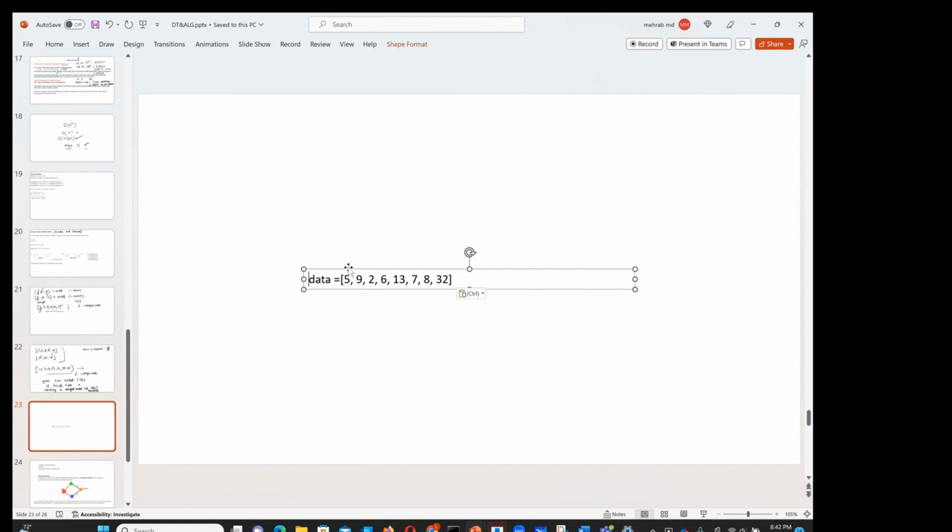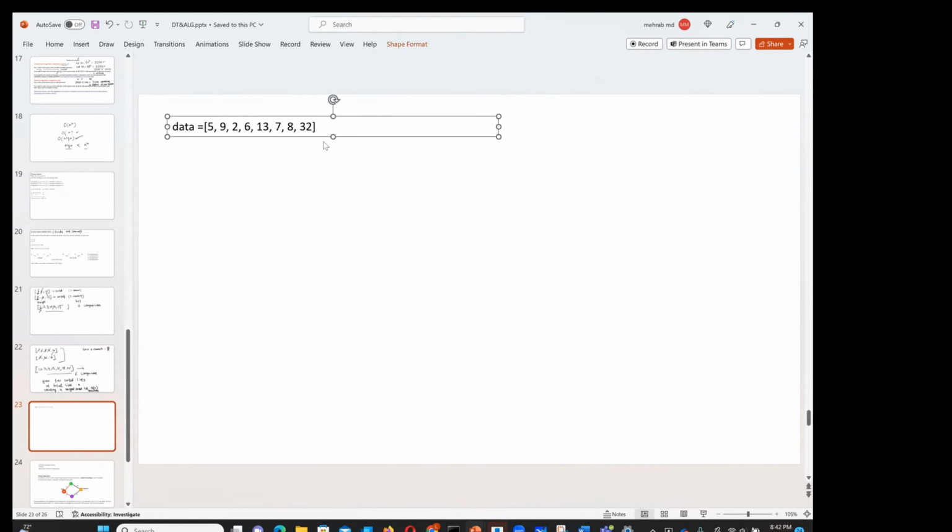This is your given input data, and someone tells you to sort this. Now tell me, is it a sorted array? No, it's not sorted, right?